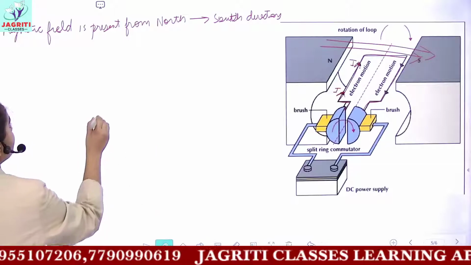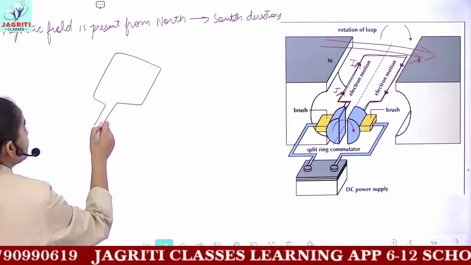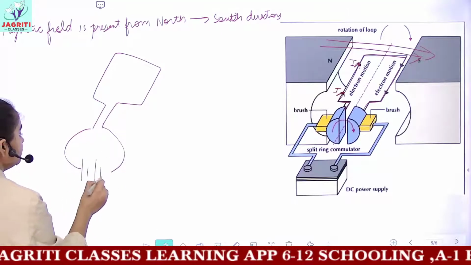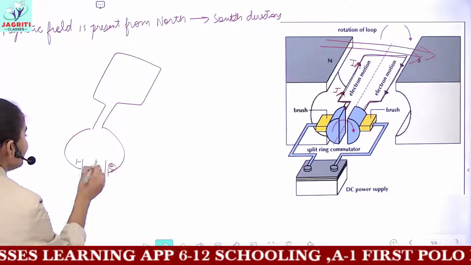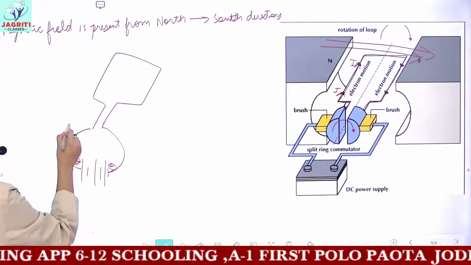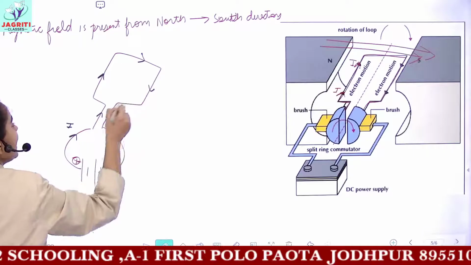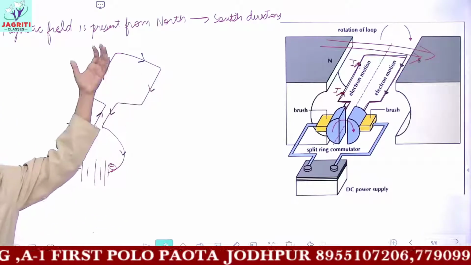Let's draw the coil separately for better understanding, and suppose I have joined it with the battery. When I switch on the battery, the current starts to flow in this circuit in this manner. These black arrows denote the direction of current flowing through this rectangular coil.